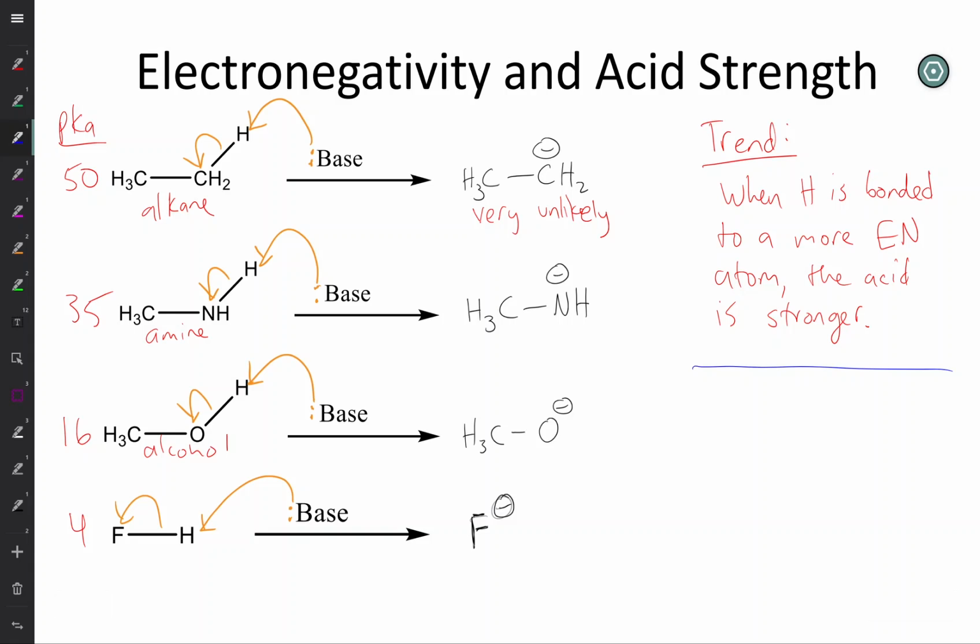We can say the reverse for bases, because as we go up this list, we would make stronger and stronger bases.